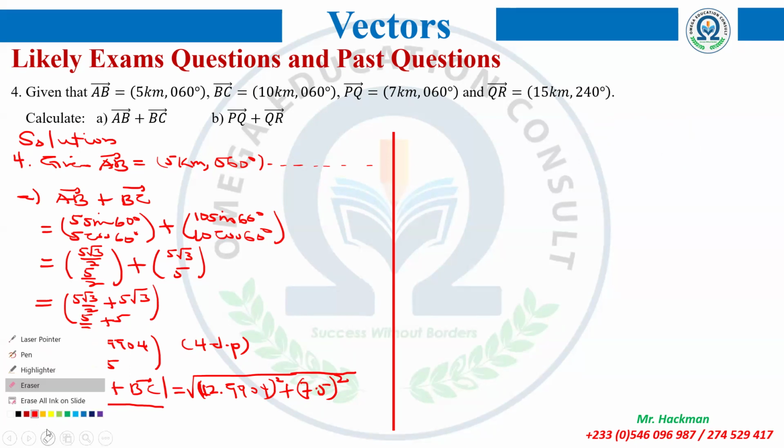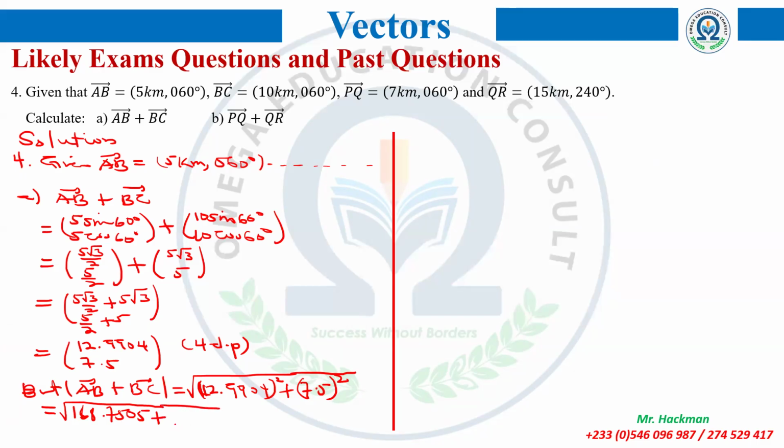168.75. Come again. 168.7505. Then plus 56.25. So at this point, we are almost done. So we are going to get the root of the sum.